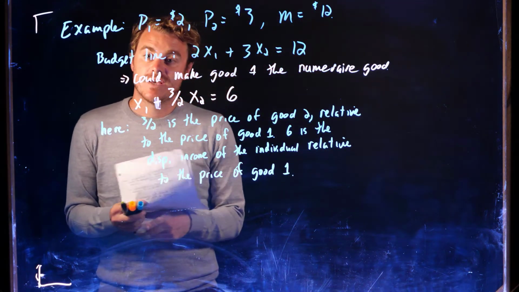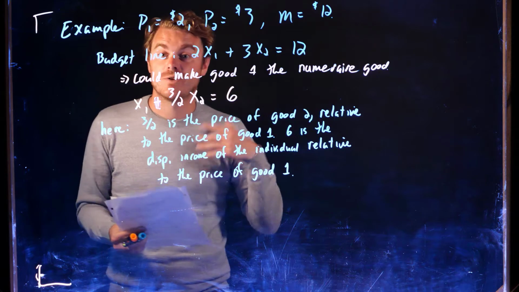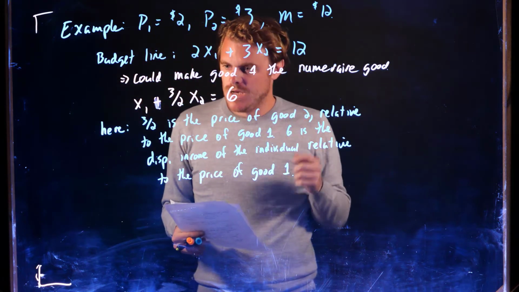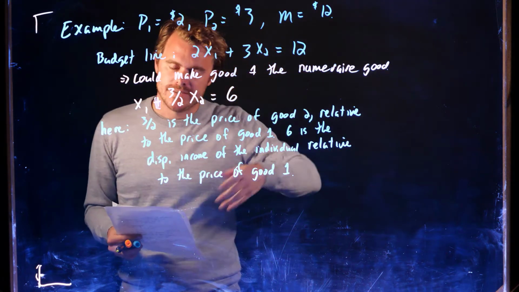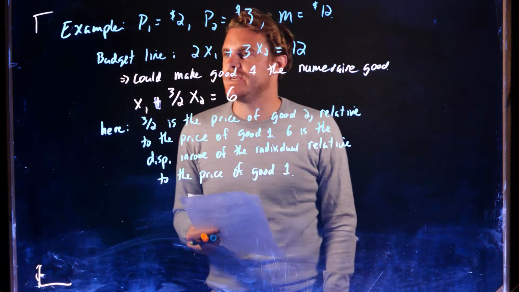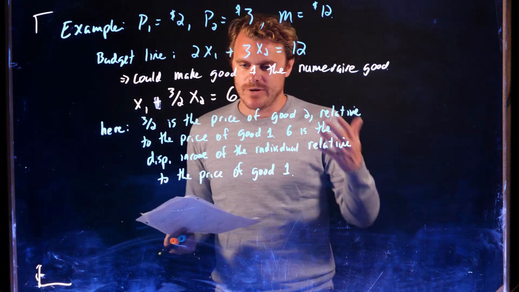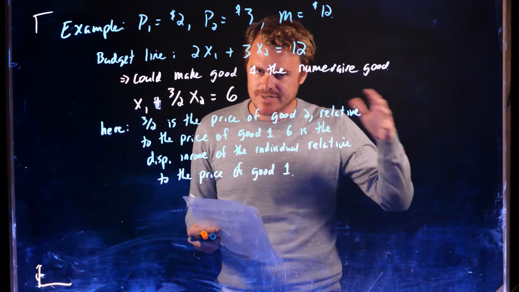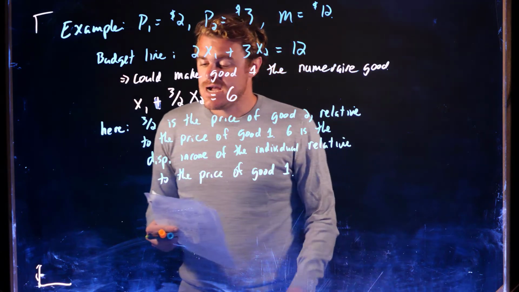So it just helps us if we want to express things in relative terms. Okay, so that's going to come up once in a while as we go through this semester, so I just didn't want it to take you off guard.